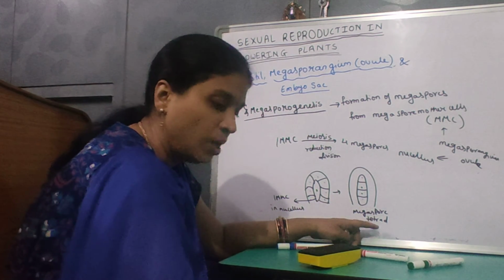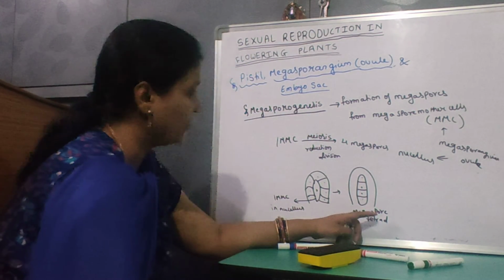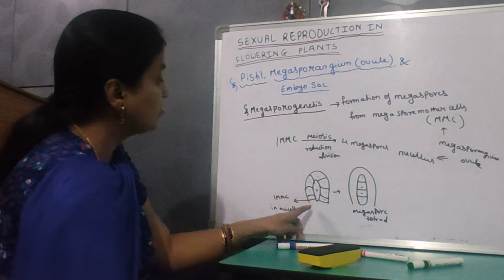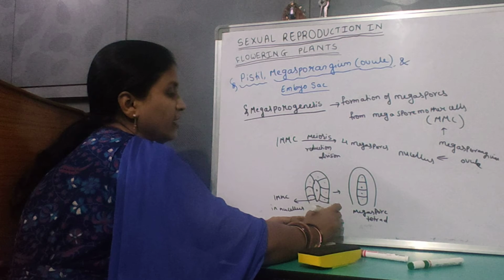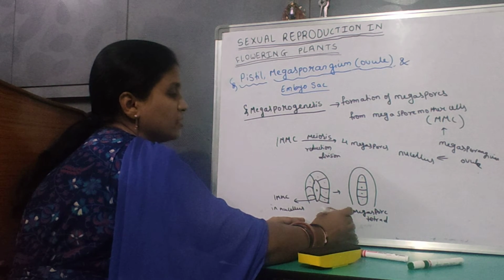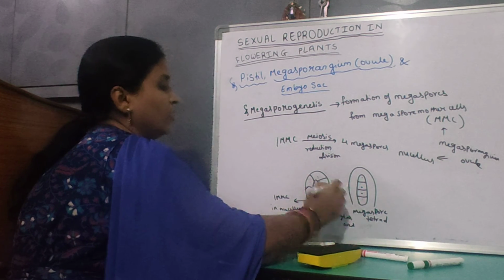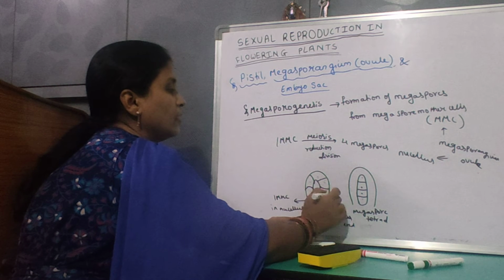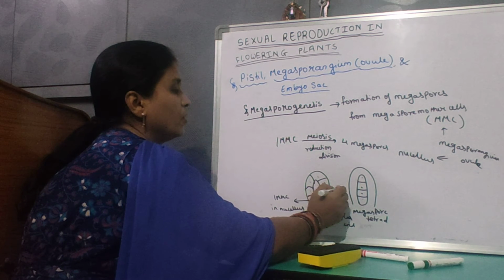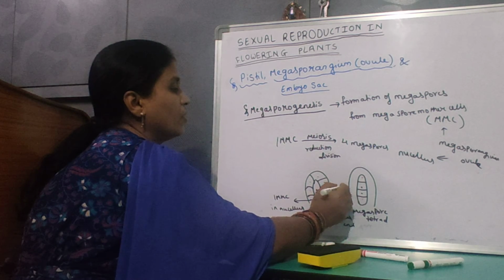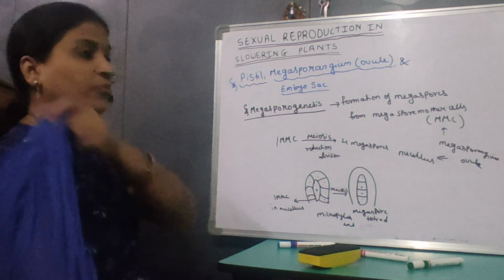In this megaspore tetrad, this particular nucellus is at the micropylar end. At the micropylar end, it undergoes meiosis, giving a 4 megaspore tetrad.